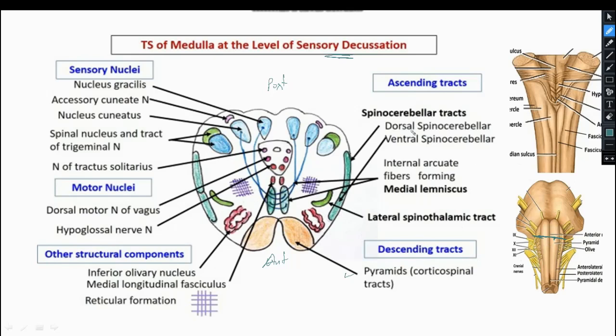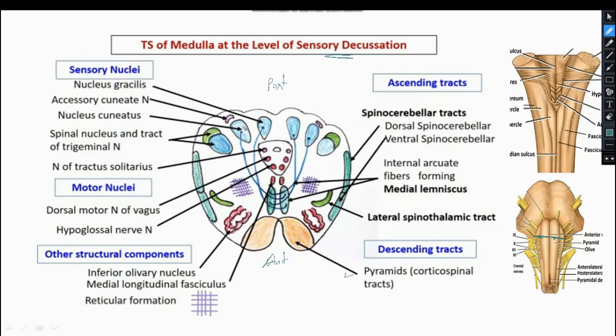Now on the posterior aspect, you have seen this tubercle gracilis, and here at the tubercle of gracilis in the interior aspect, the nucleus are present. Many nucleus you have already seen. So this is the point where you have seen the nucleus cuneatus. So similarly here, this is nucleus gracilis, and this one is nucleus cuneatus.